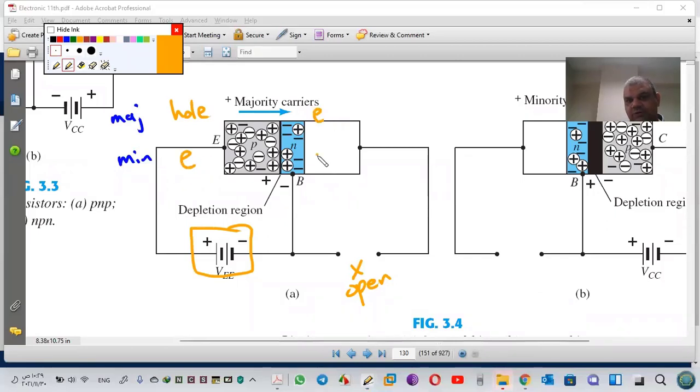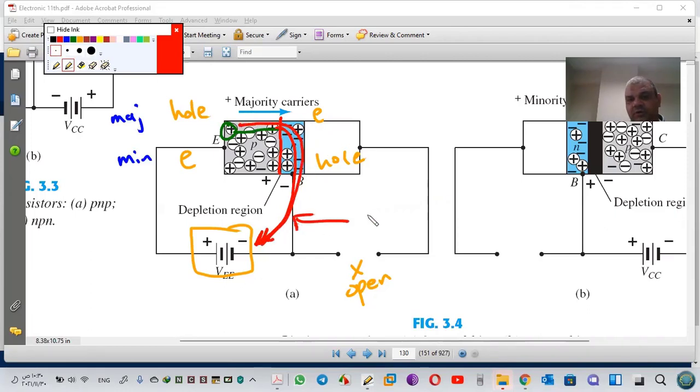The majority current will go from the emitter and return back here. The base area is very small, a thin region. Also some holes continue here, as conventional current.